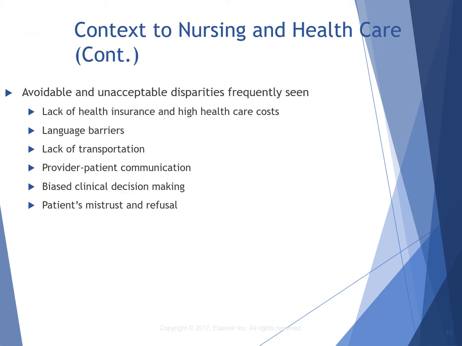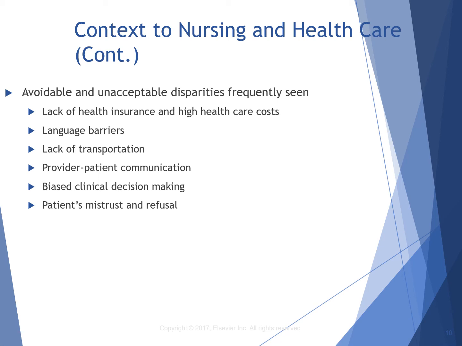And here are some examples of avoidable and unacceptable disparities frequently seen in healthcare. Now, think a little bit about them and try to find some potential solutions for reducing disparities for each of those causes. Let's see, for example, signage in hospitals must be in languages commonly used by patients.